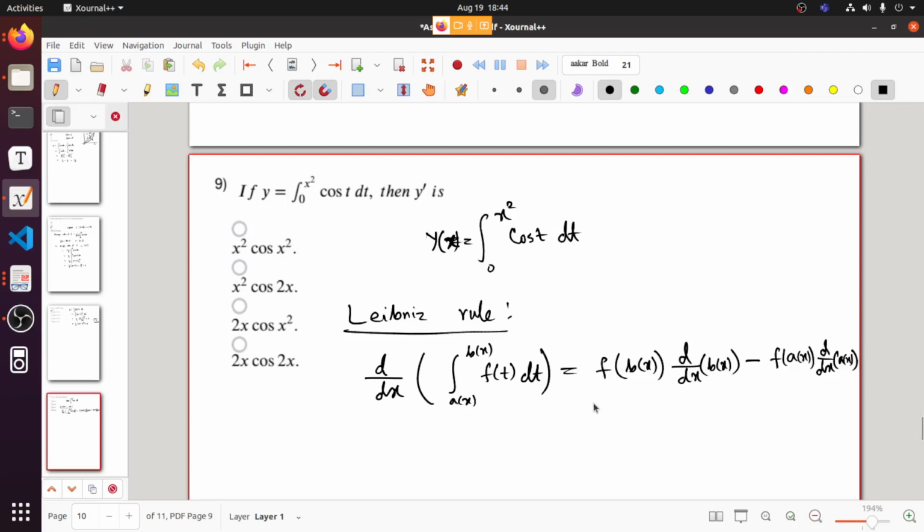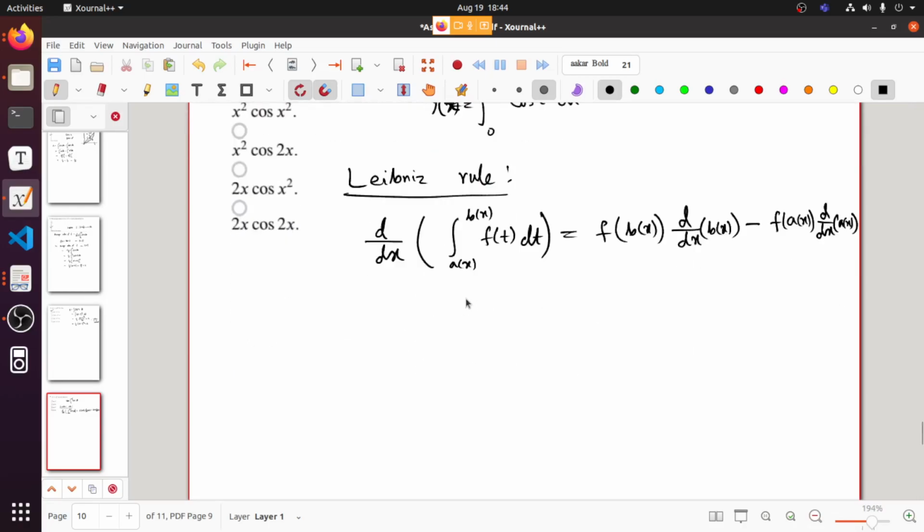So here a(x) is 0, b(x) is x square, and f(t) is cos t. Use this Leibniz formula. y of x is given as the integral from 0 to x square of cos t dt. So what will be y dash of x?